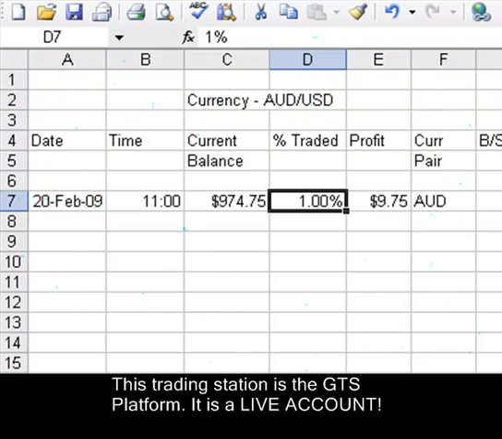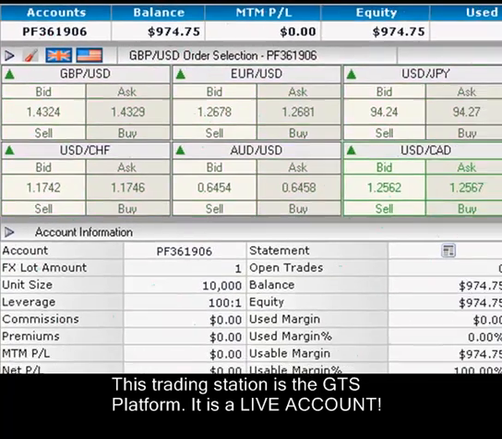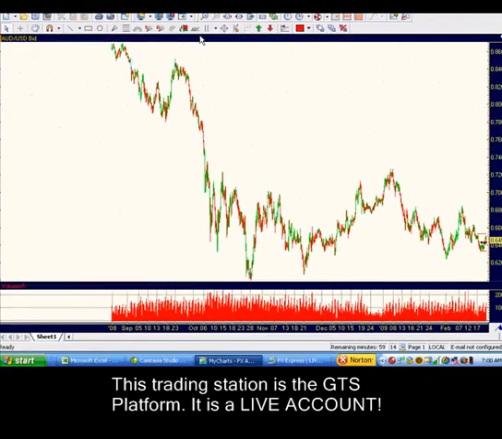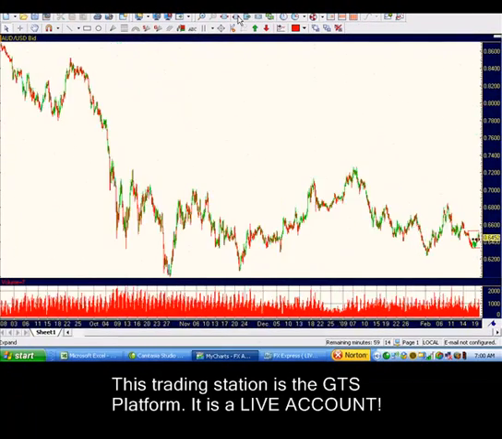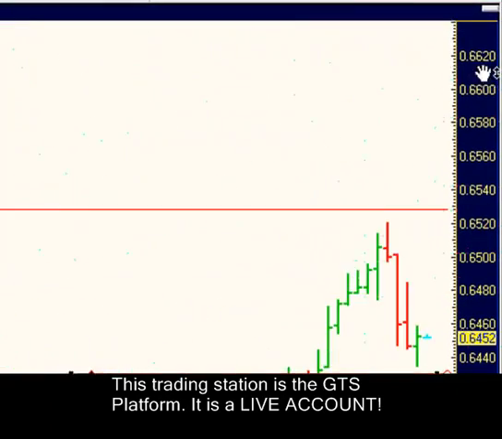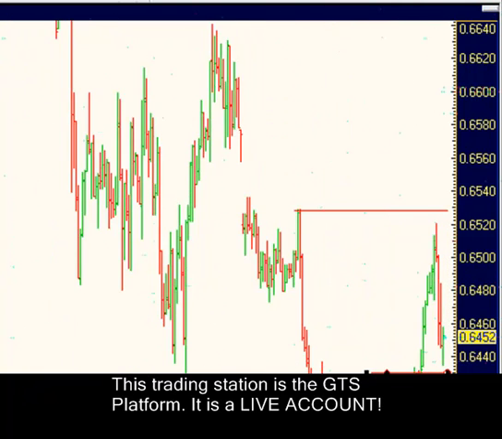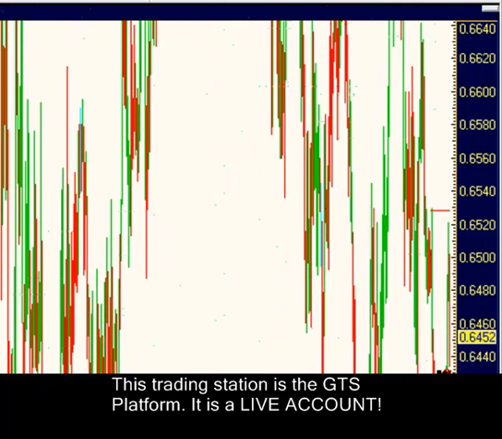My price entry is, now here we are on the Aussie. We want to sell. We've come to the close. Let me widen that up again for you. Want to be closing here. Oh, what's going on with this chart?